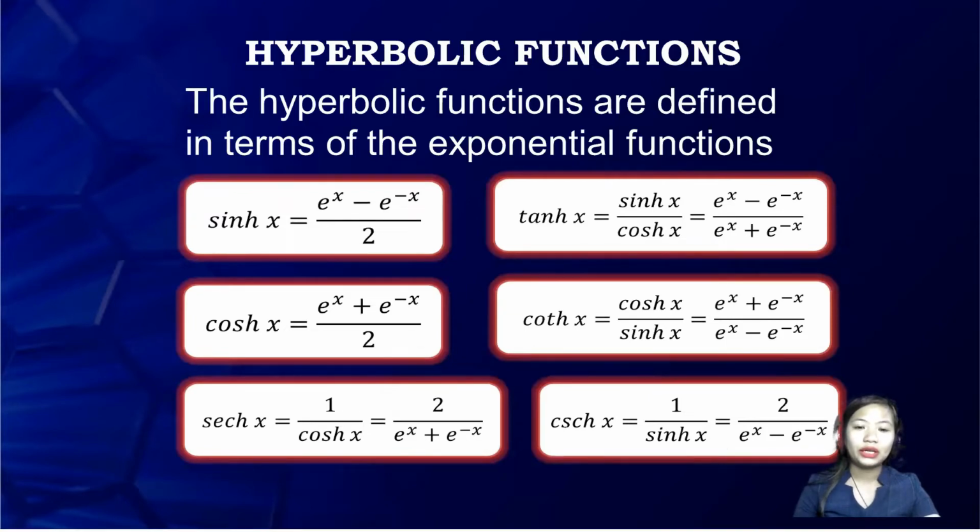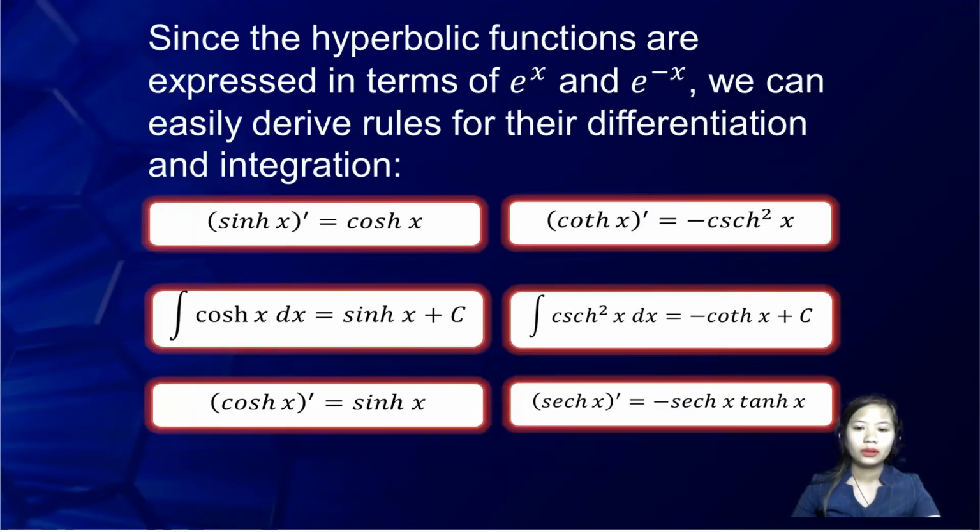Under the hyperbolic functions, we define them in terms of the exponential functions. We have 6 hyperbolic functions in terms of the exponential function. Since the hyperbolic functions are expressed in terms of e raised to x and e raised to negative x, we can easily derive rules for their differentiation and integration.